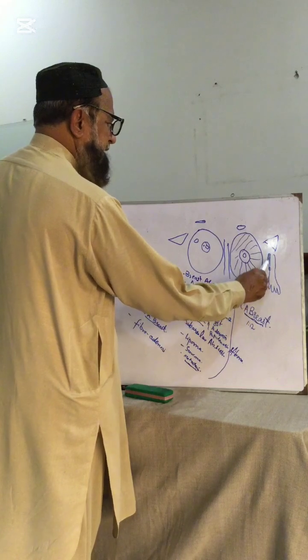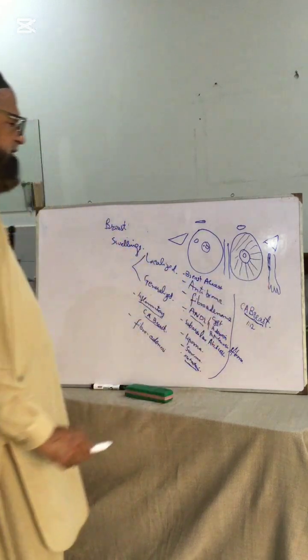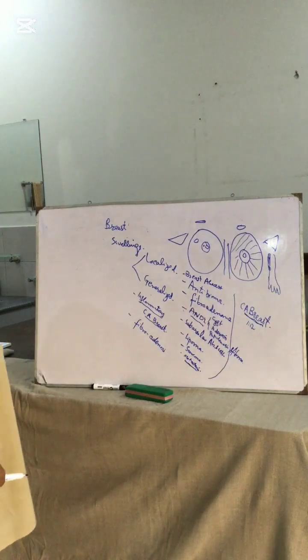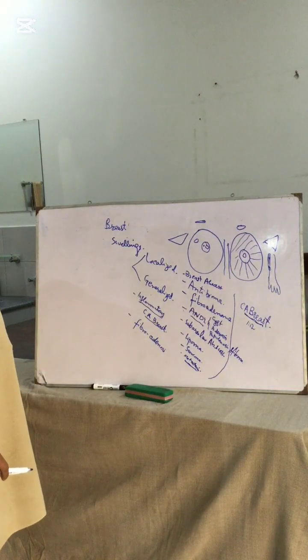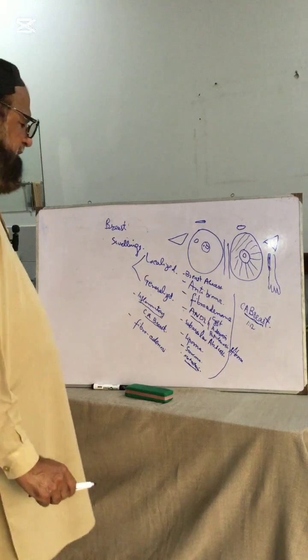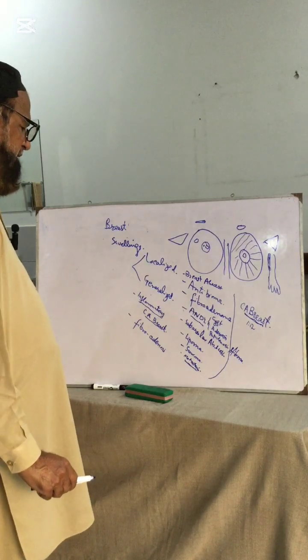So lymphedema of the arm can set in within no time. So it mimics inflammation, and inflammatory carcinoma of the breast should be diagnosed very early.